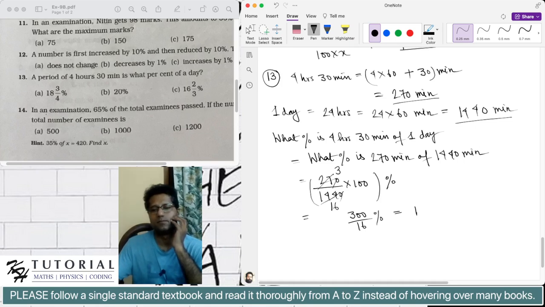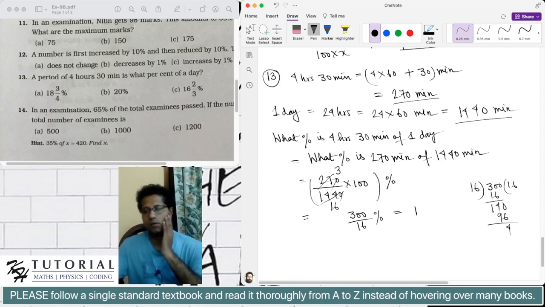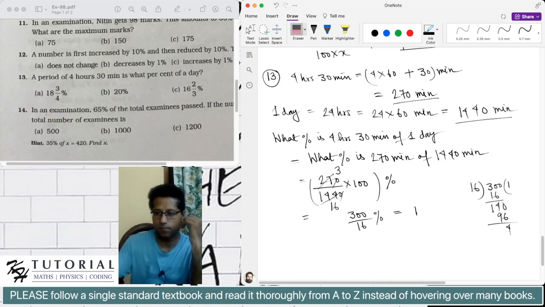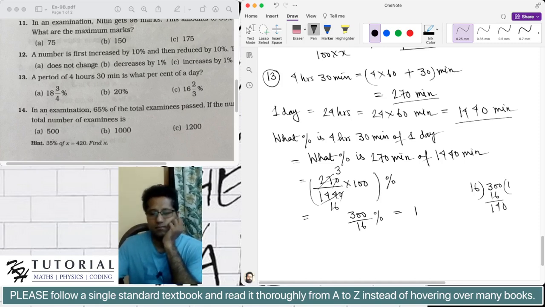Let's see what we get when we divide 300 by 16. 16 into 18 is 288, and we have a remainder of 12.